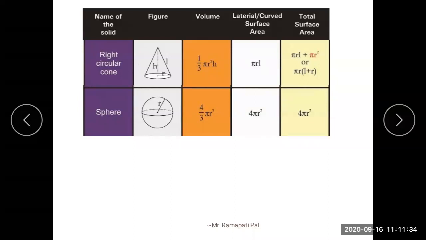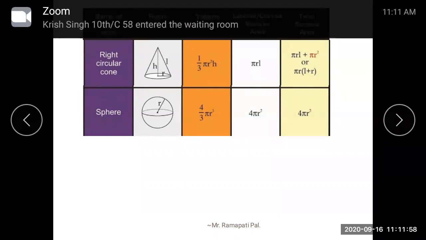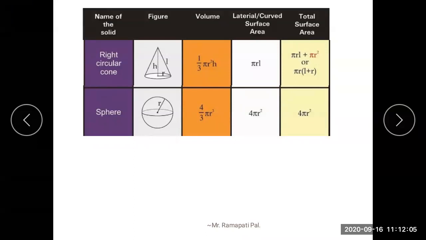So volume of a sphere is equal to 4 upon 3 pi r cube. And the total surface area, once the surface area is given, means it is the total surface area, that is 4 pi r square.